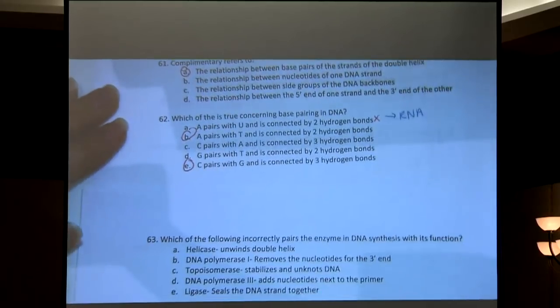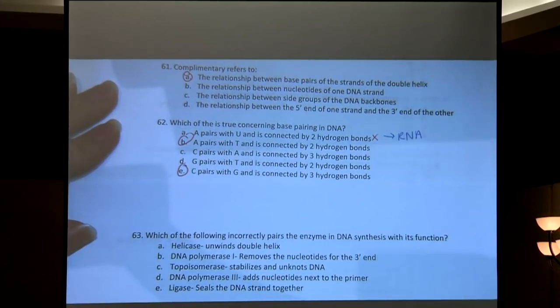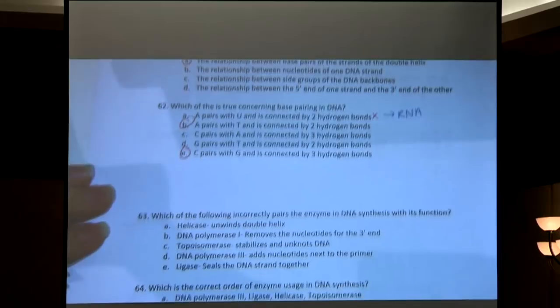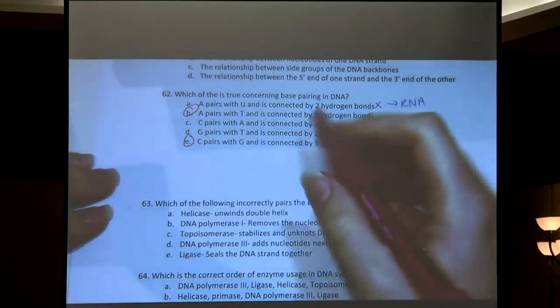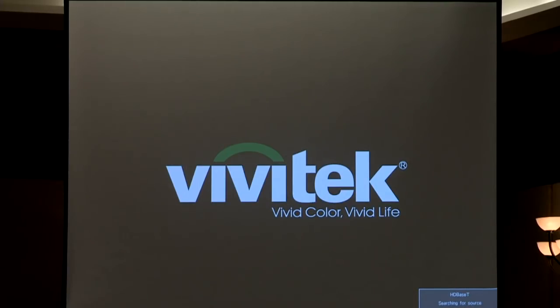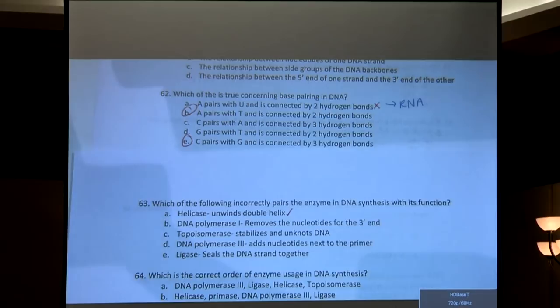So, which of the following incorrectly pairs the enzyme in DNA synthesis with its function? We have helicase unwinds the double helix. Is that true? Good. So that is true. That is the function of helicase. Does DNA polymerase 1 remove the nucleotides from the 3' end?